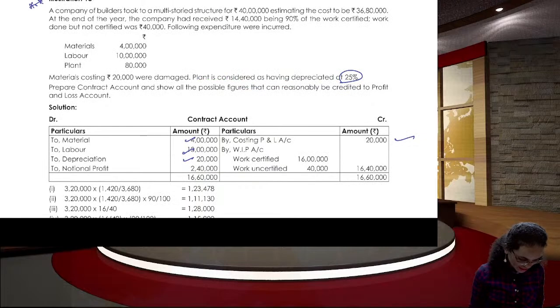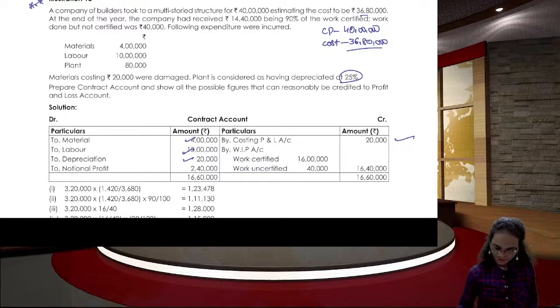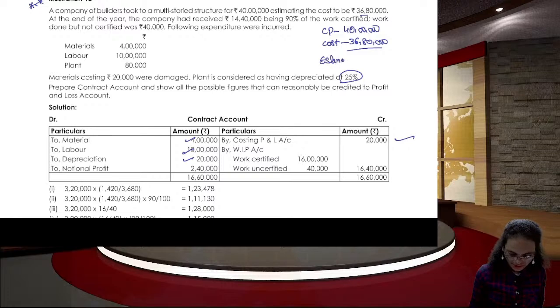Here the information is given: the contract price is 40 lakhs, and the estimated cost is 36 lakhs 80,000. This is the estimated profit. We use the word estimated profit: 3,20,000.